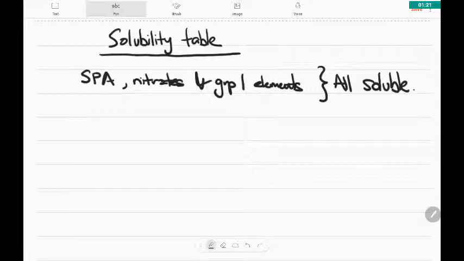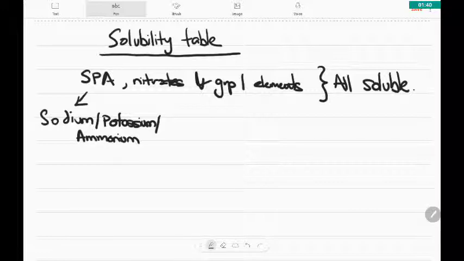Okay, so SPA here actually represents sodium, potassium, and A represents ammonium, not aluminium, but ammonium.